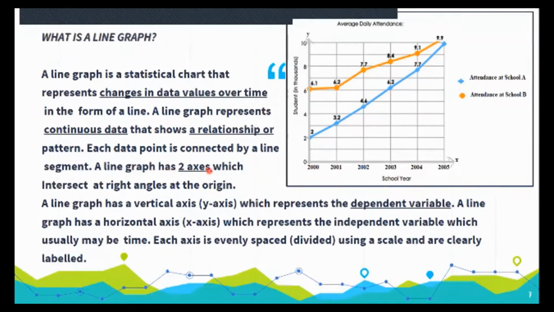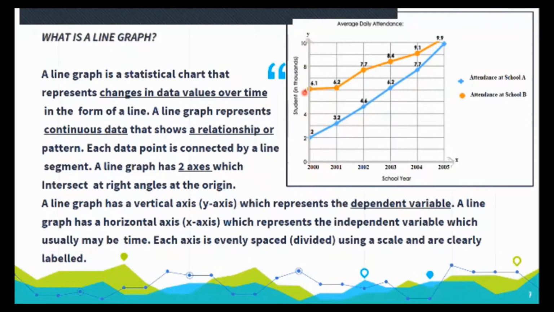A line graph has two axes, the y-axis and the x-axis, which most of you pointed out, which intersect at right angles at the origin. Okay, so they intersect at a right angle at the origin. A line graph has a vertical axis, the y-axis, which represents a dependent variable.